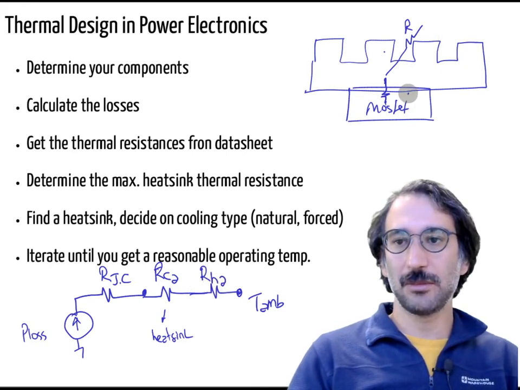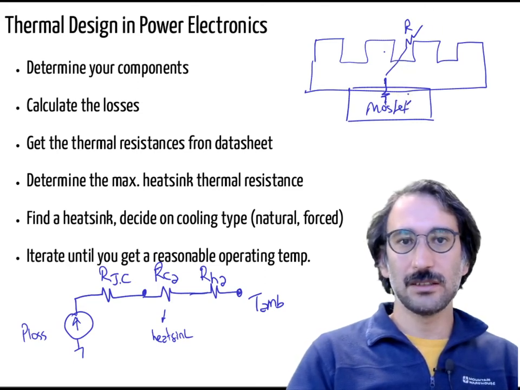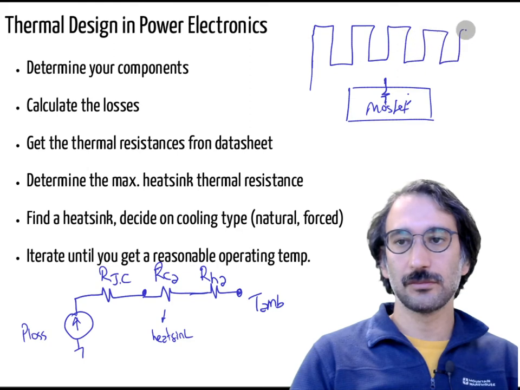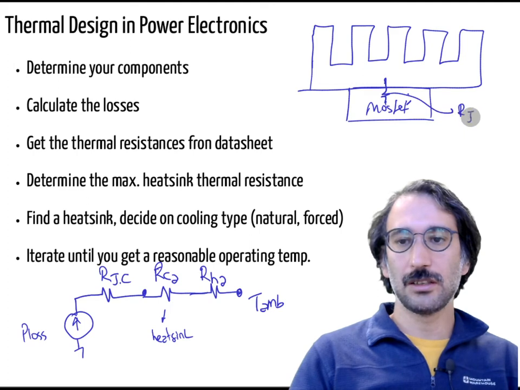Let me draw it here. So your first resistance is there. This can be your R junction to case, and another one will be R case to ambient, and from the surface, it can be R heatsink to ambient.